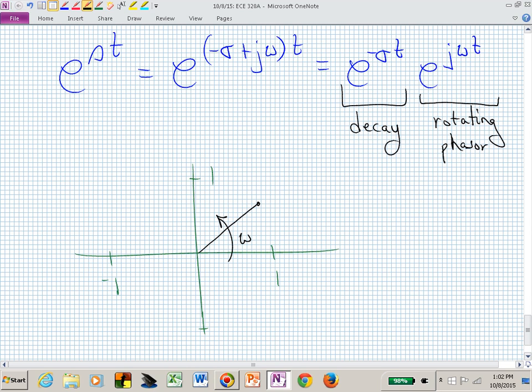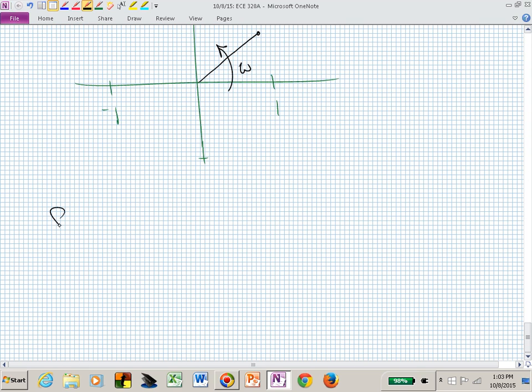If you projected that dot onto the real axis, that would give you a cosine waveform, and if you projected it onto the vertical, it would give you a sine. Let's not get hung up on that. Let's move on.